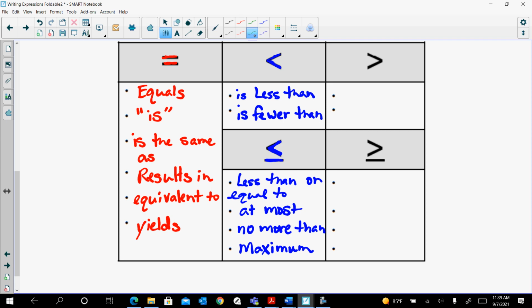So if this is my less than symbol, then if I go in the opposite direction here, this is greater than. Opposite of fewer than would be is more than.